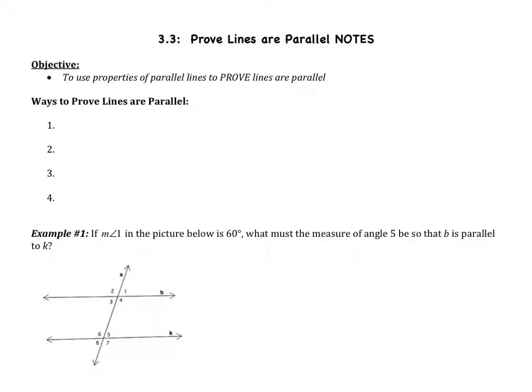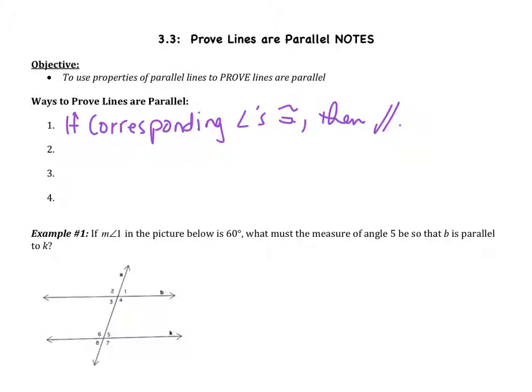So, all we're gonna do is, we're gonna do the converse and we're gonna say, if corresponding angles congruent, then parallel, okay? And I'll allow you to abbreviate.